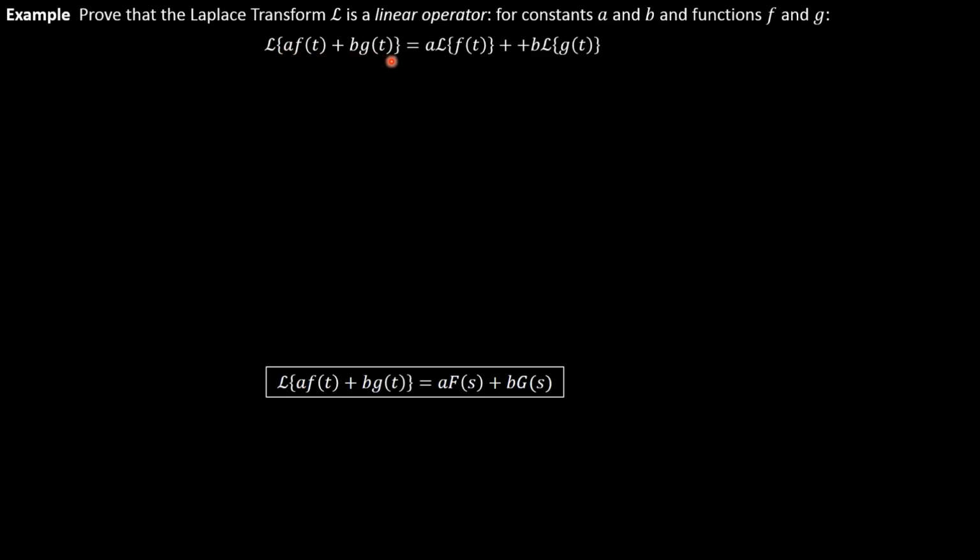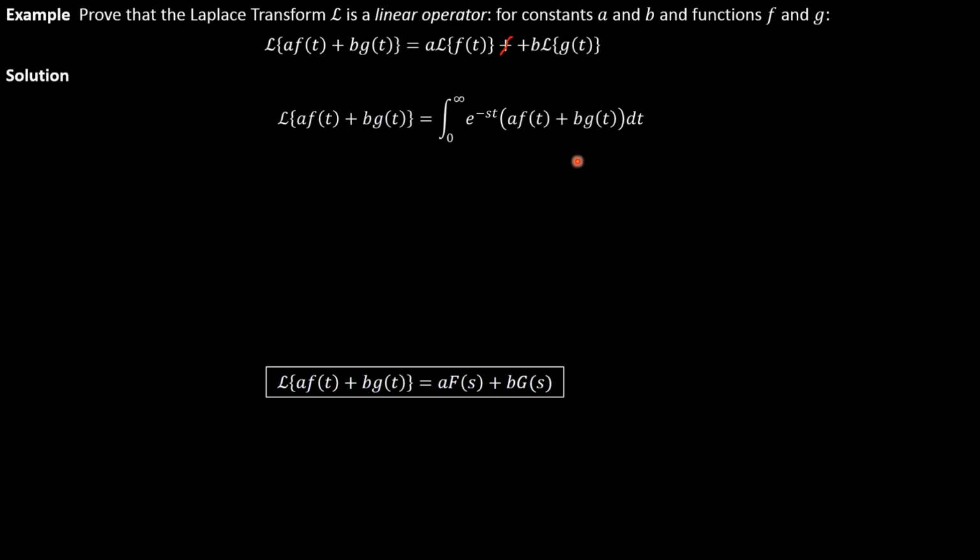It turns out the Laplace transform operator is a linear operator, meaning you can take the a out, take the b out, and you can also separate them with a plus sign. You're going to have to excuse these annoying typos. I don't know why there were two plus signs there. It's a Laplace f plus b Laplace g. Another way of saying that is a capital F plus b capital G.